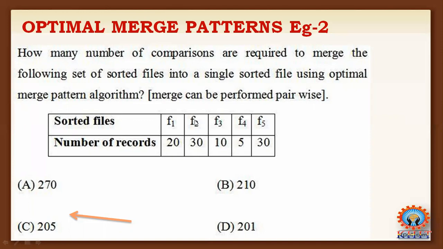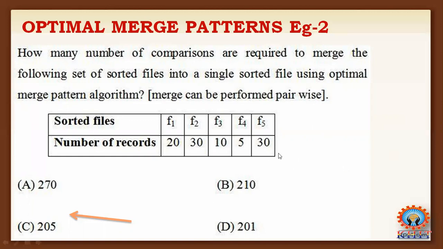The size of file 2 is 30 units. The size of file 3 is 10 units. The size of file 4 is 5 units. The size of file 5 is 30 units. Now the problem statement is, merge the files by applying the greedy strategy and find the optimal solution.